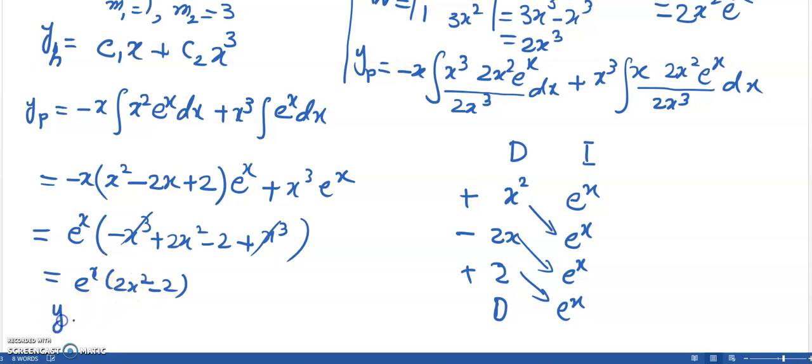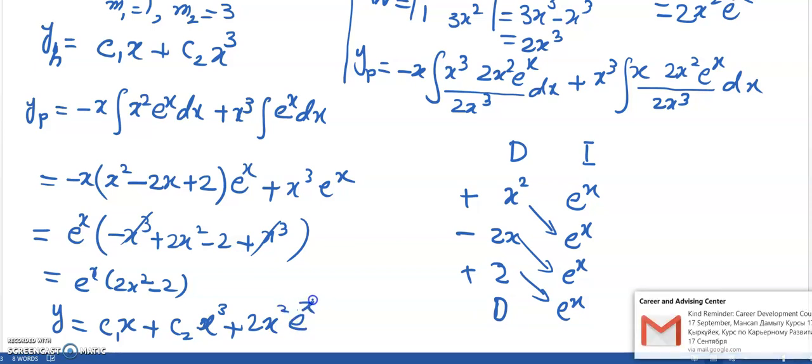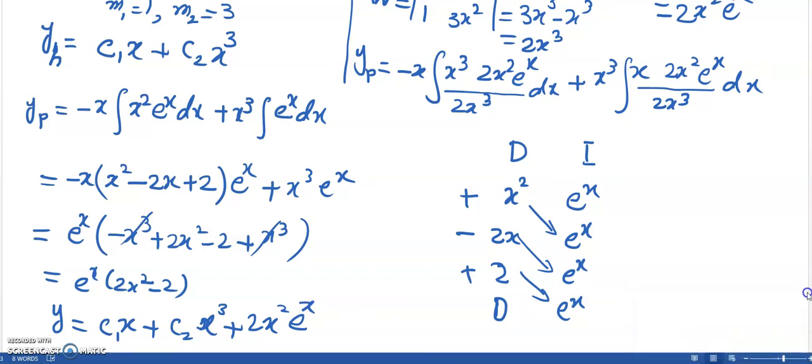So the total general solution will be c1 x plus c2 x cube and plus 2x square e power x.